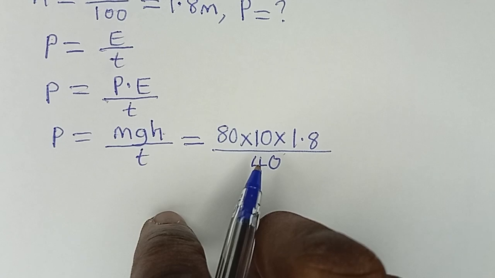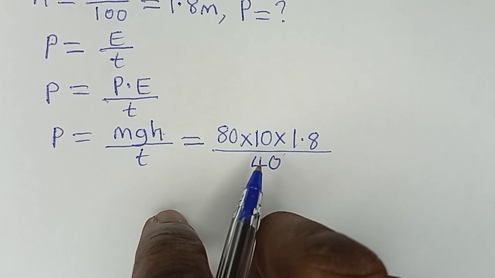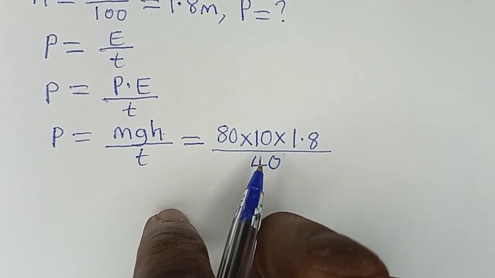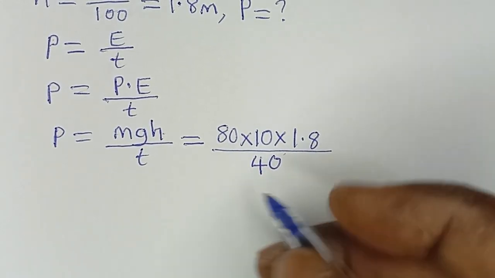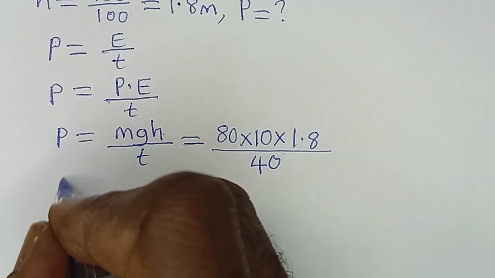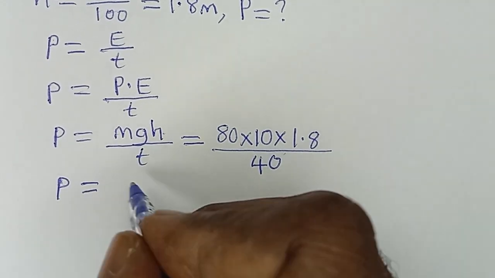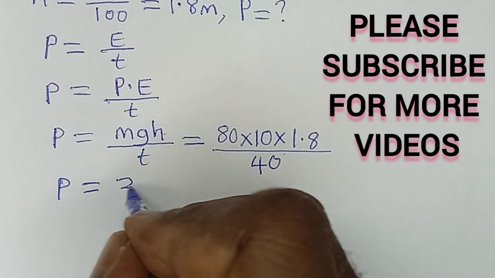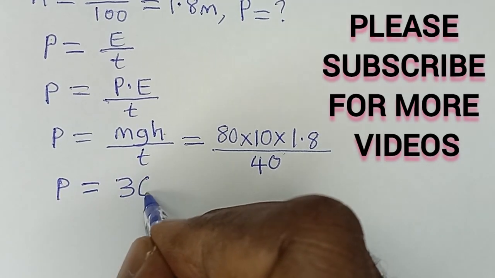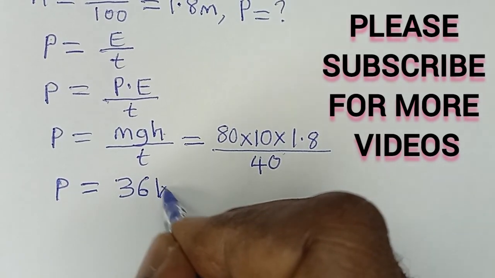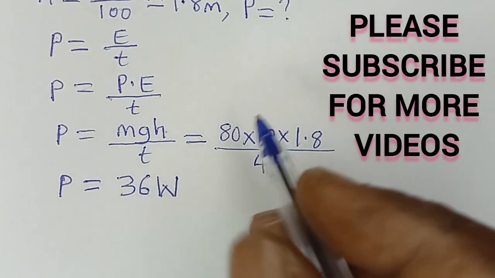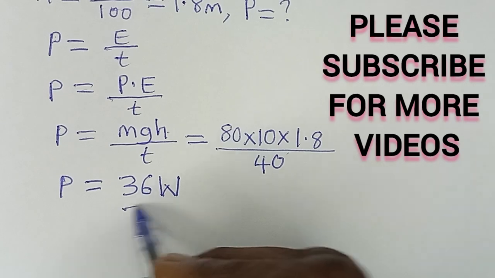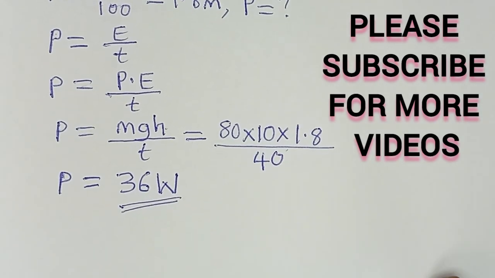And then we multiply 800 by 1.8 and then divide it by 40. And that will give us the total energy in the question, sorry, the total power as equal to 36 watts. Don't forget the unit of power is watts. So the power developed in the process by the woman is 36 watts, and that's the final answer.